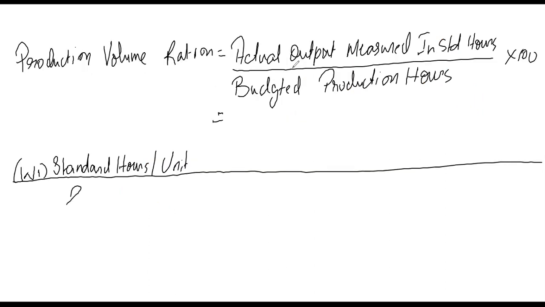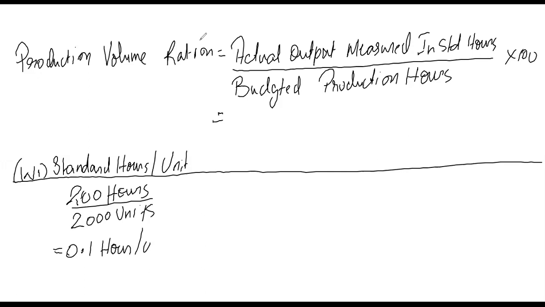So if I divide 200 hours by 2000 units, you get an answer of 0.1 hour per unit of output.